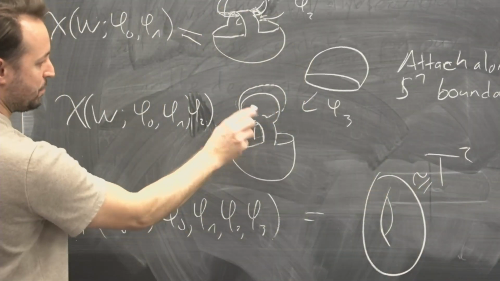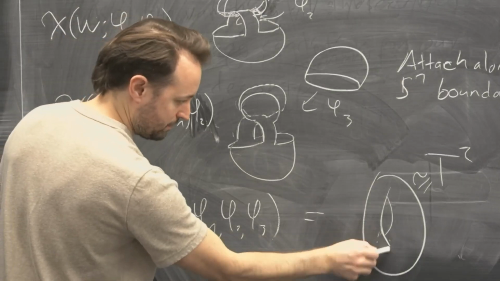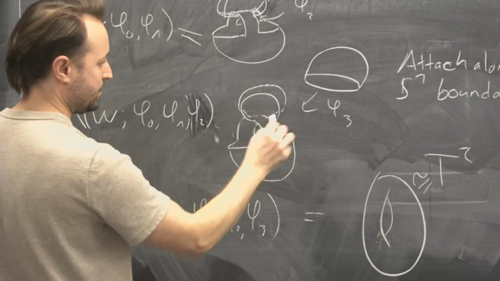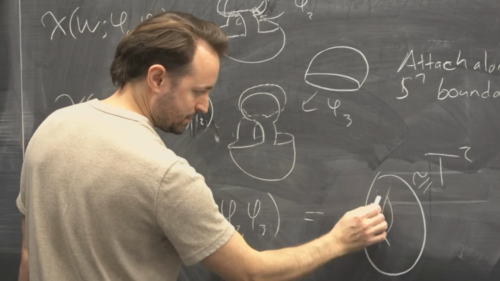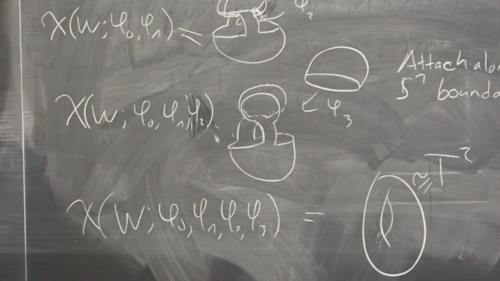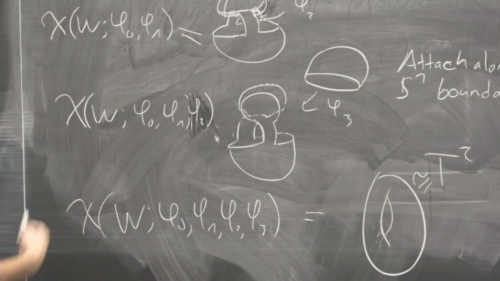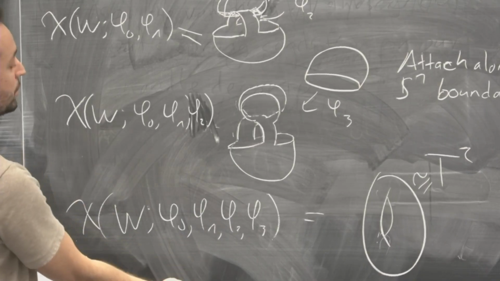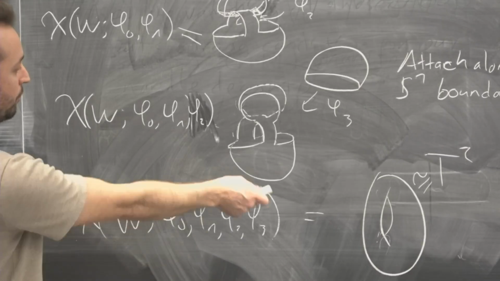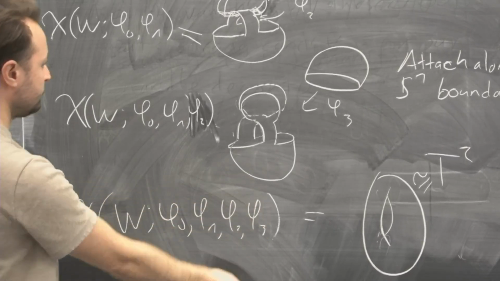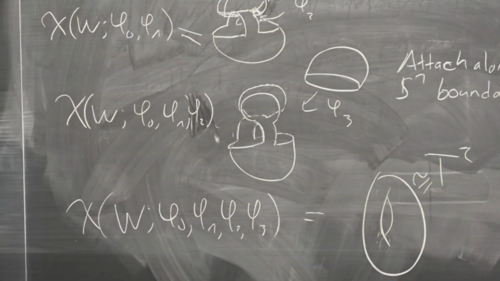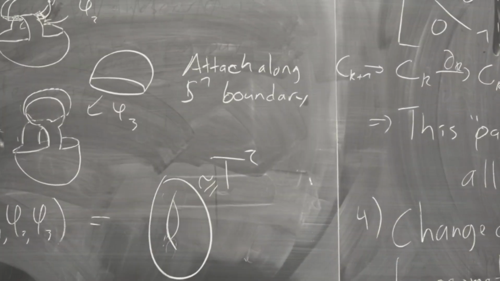So this part is this part, and then this part is this part. It's not totally easy to see, but this procedure constructs for you a handle decomposition for the standard torus. So we did an example of a handle decomposition of something that we're already familiar with.